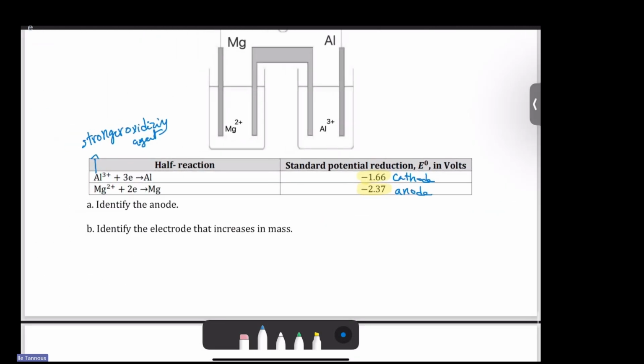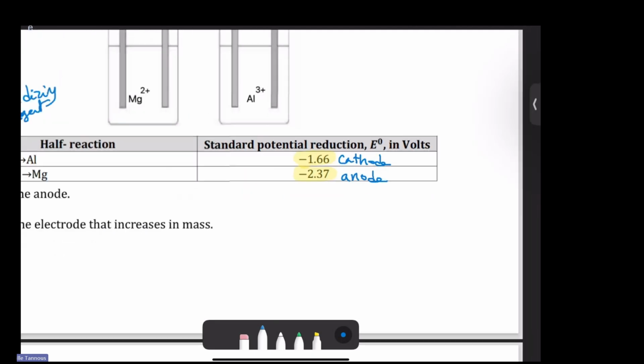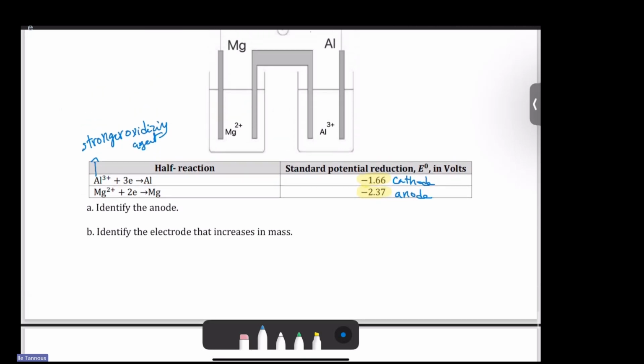So Al3 plus is at the cathode and Mg2 plus is at the anode. Why? Because it's the stronger oxidizing agent. However, in class I mentioned you compare the numbers. The one that has a higher voltage is the cathode, and the one that has the lower voltage is the anode. So that's the anode and that's the cathode.